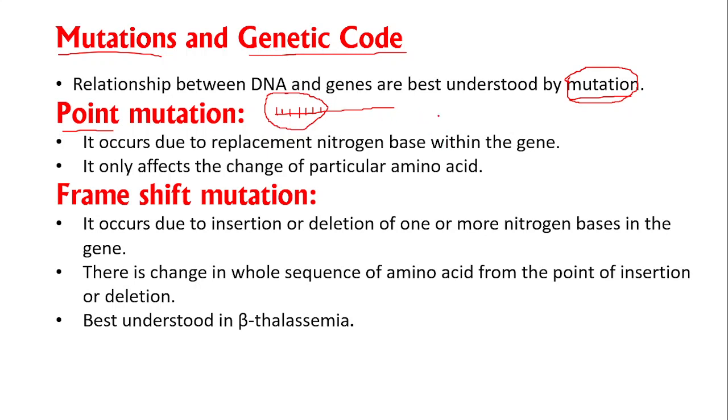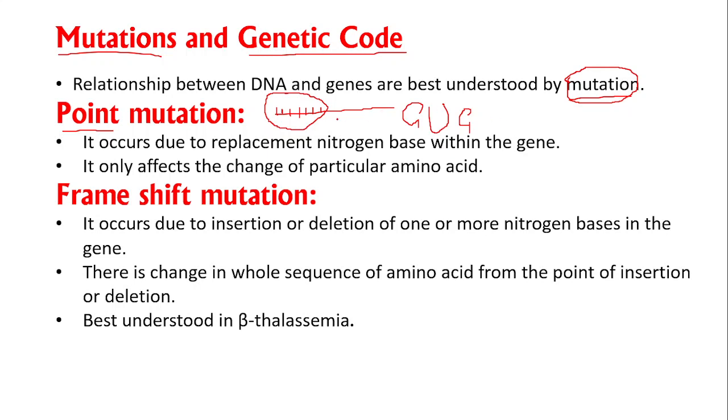The methionine should be produced by AUG, but if it is mutated and becomes GUG, then instead of methionine, valine will be produced.